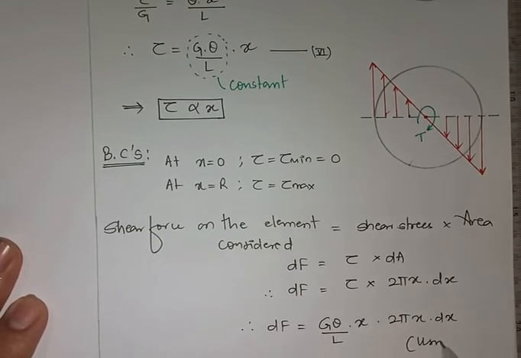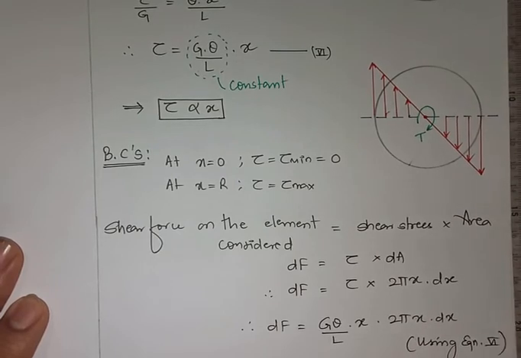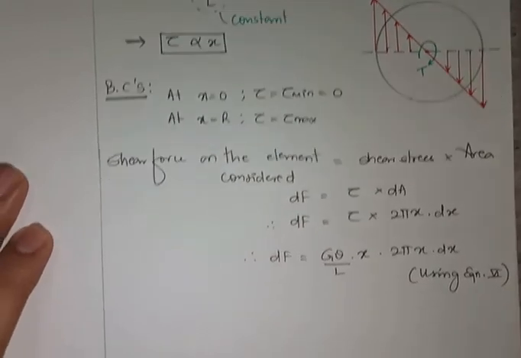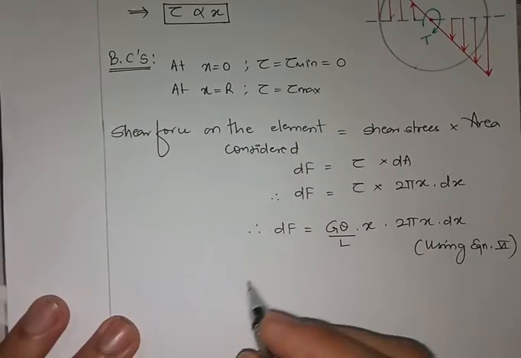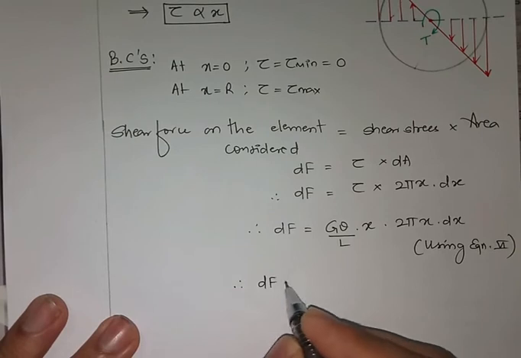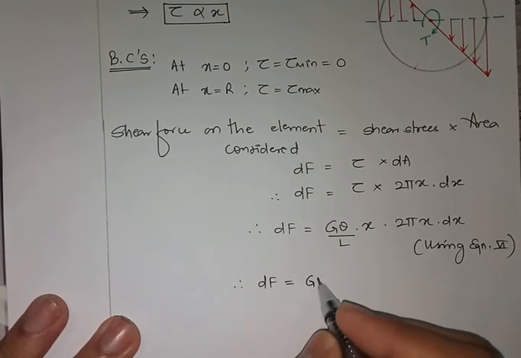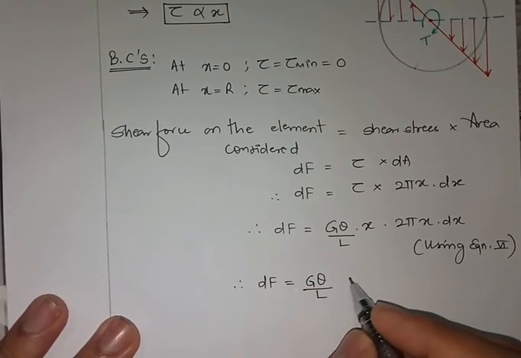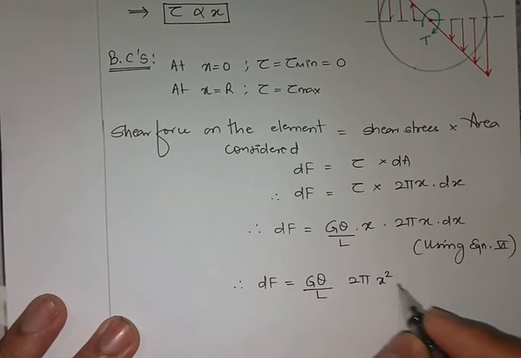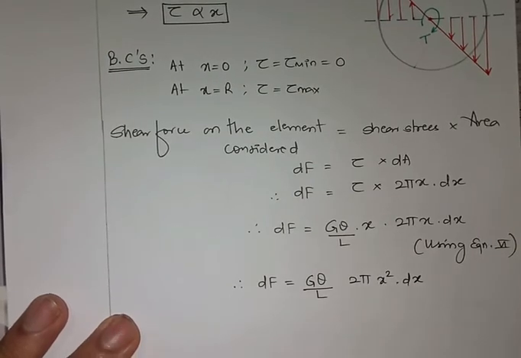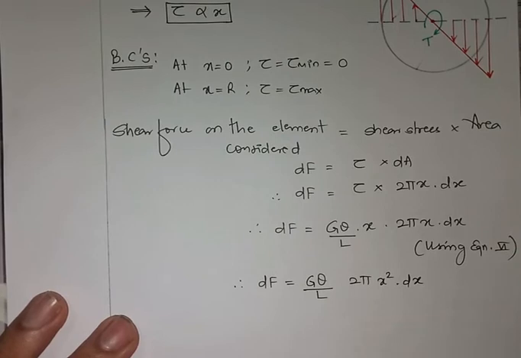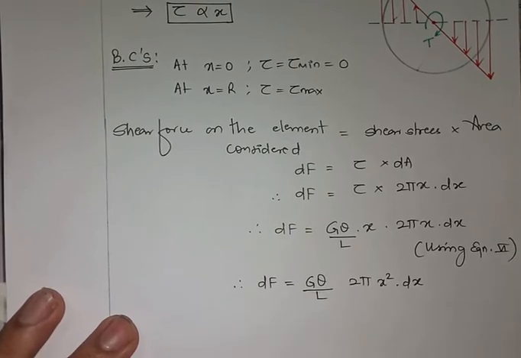Proceeding further, dF is equal to G theta by L into 2 pi x square into dx. So this will be the shear force coming on the element.